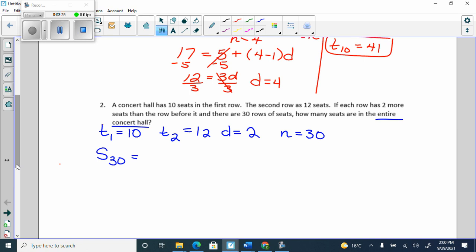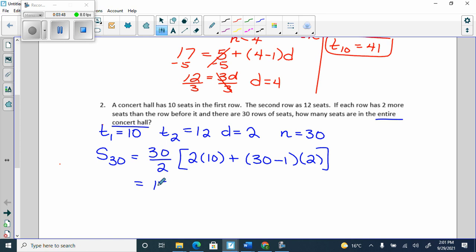Now my two options are the second one, which has n and d and T1, or the third one that has T1 and Tn. I don't have Tn, correct? So I have to use the long formula, which is n divided by 2, 2T1 plus n minus 1, and then d is 2.